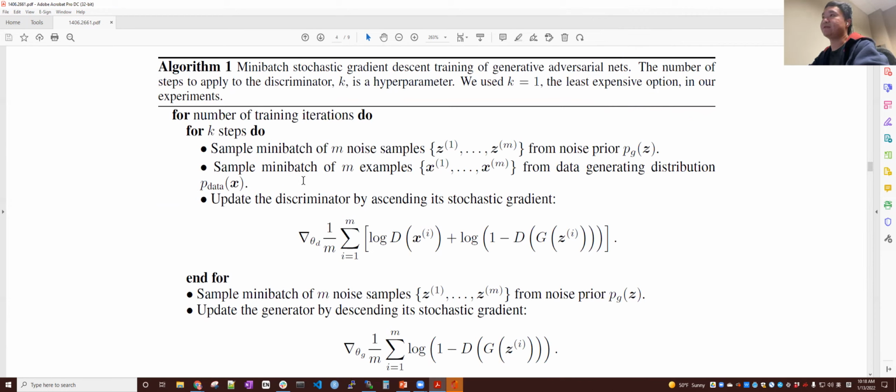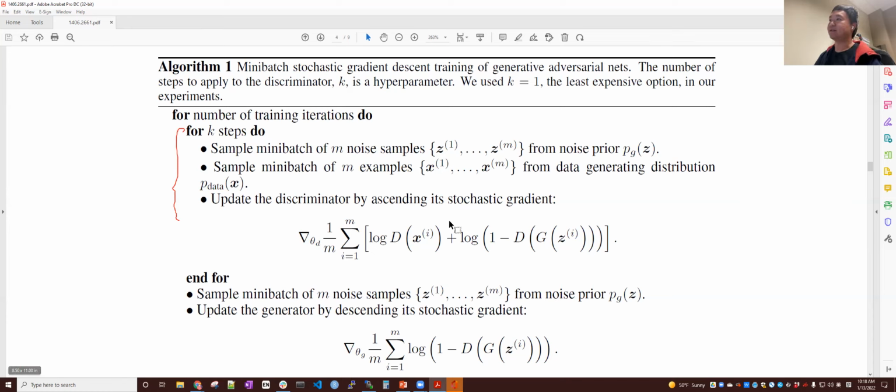The first step is you train your discriminator, because you want a maximum. Basically, you just apply the gradient. We compute the gradient of our value function like this.